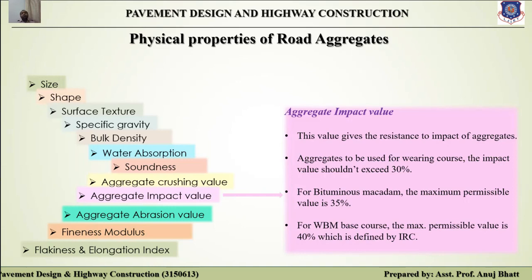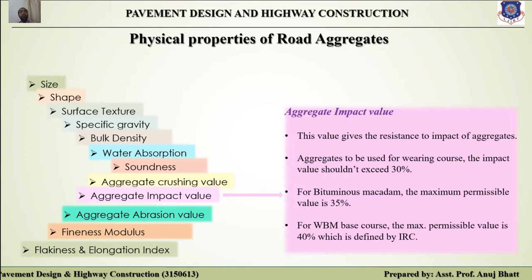Due to the movement of vehicles on the road, the aggregates are subjected to impact, resulting in their breaking down, and the aggregate should therefore have sufficient toughness to resist disintegration due to impact.